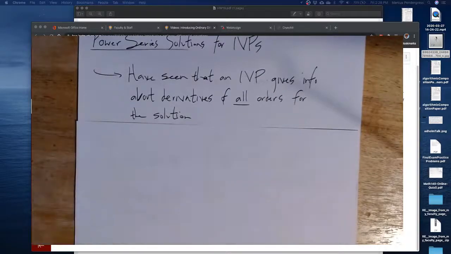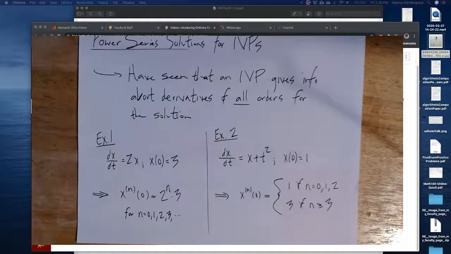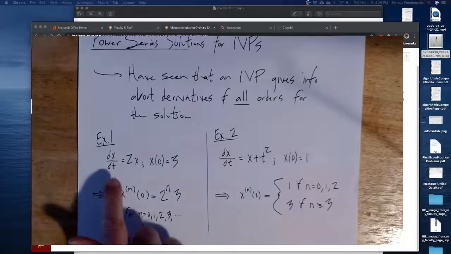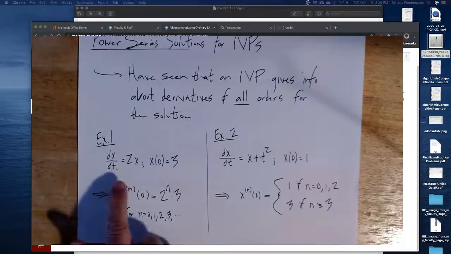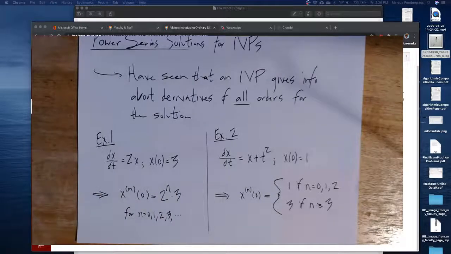We've seen that an initial value problem gives information about the derivatives of all orders for the solution of an ODE. And the 2 examples that were in videos 2 and 3 were these here. In example 1, we have a simple initial value problem. dx/dt is 2x, x(0) is 3.